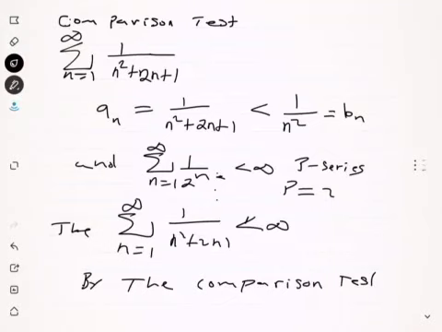So when you use the comparison test, you usually are going to compare with a p series or with a geometric series. Let's take a look at another example. Suppose we want to determine whether this series converges or diverges.